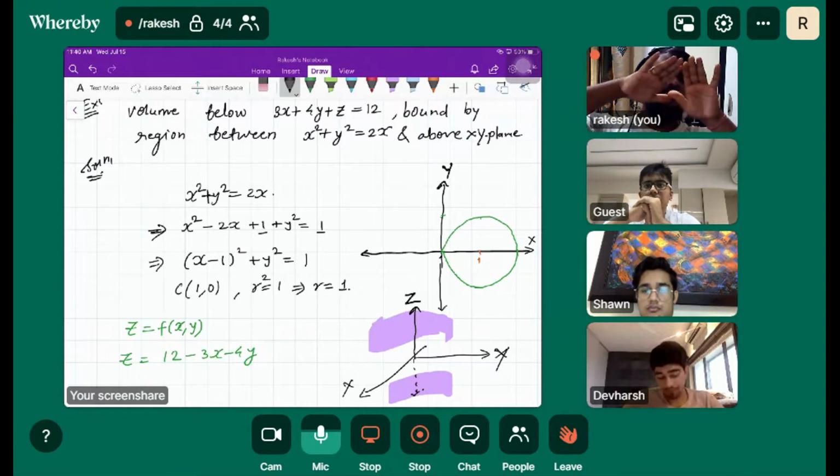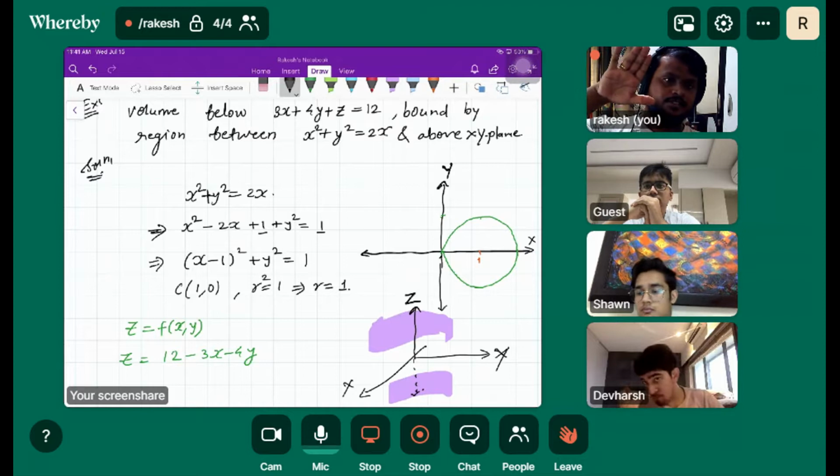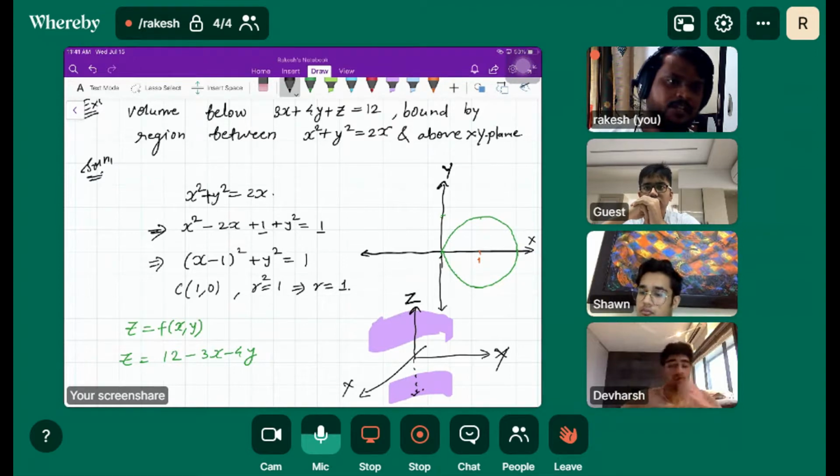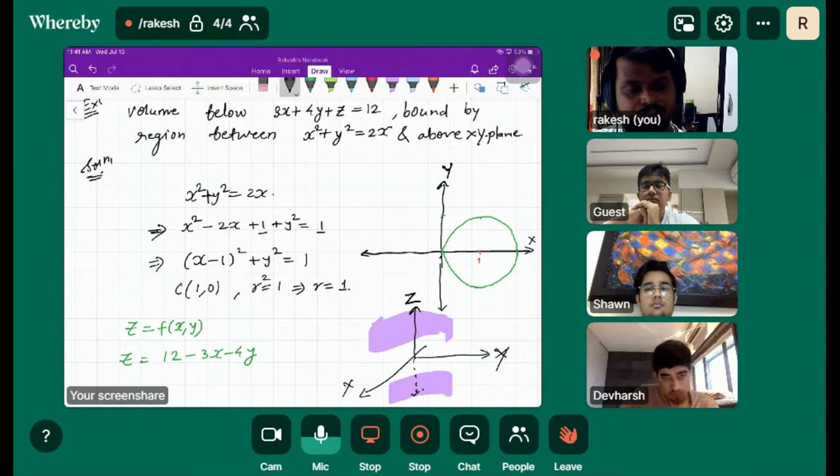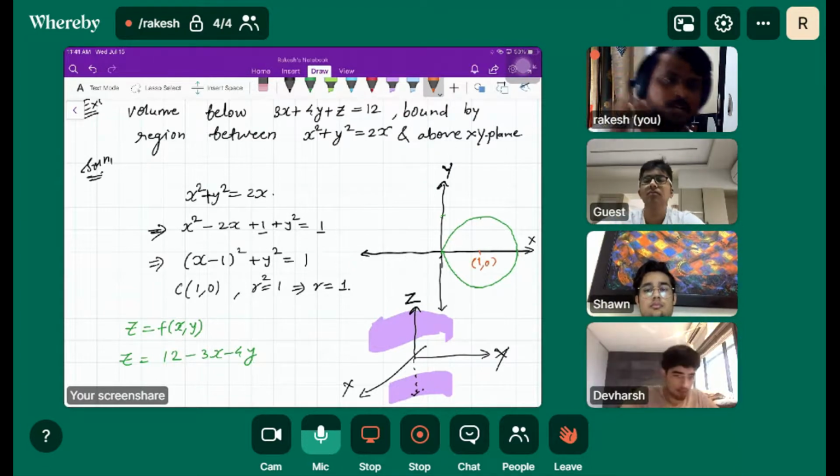Now the surface above it is a plane, right? So how do we find whether our surface is in the positive z direction or the negative z direction? Just plug in any point within this region, like the point 1, 0, which is the center of this circle.